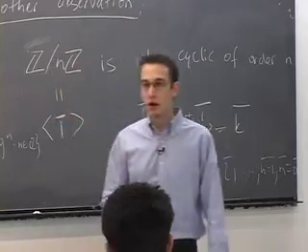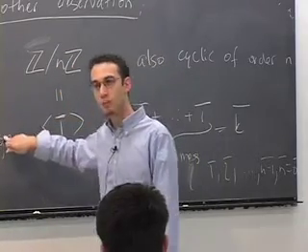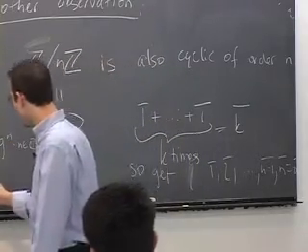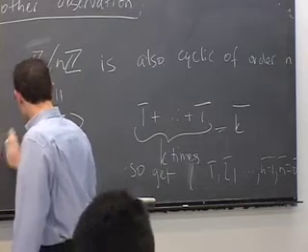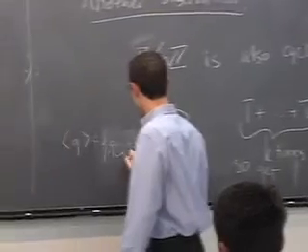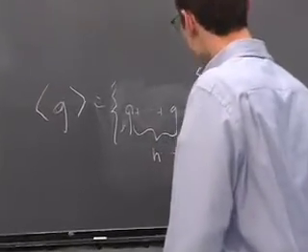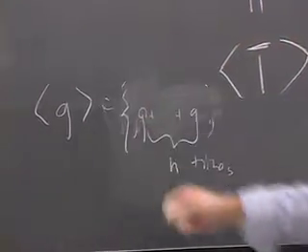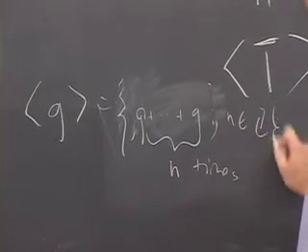But in our notation, this is inappropriate. We don't want powers, we want multiples. So these are things that look like g plus g n times, or when they're negative powers, putting in the inverses, as n ranges over Z.